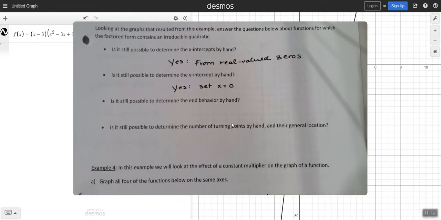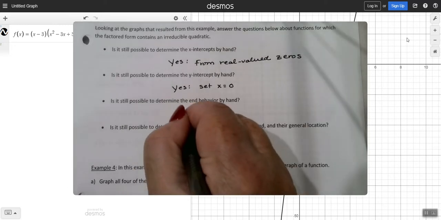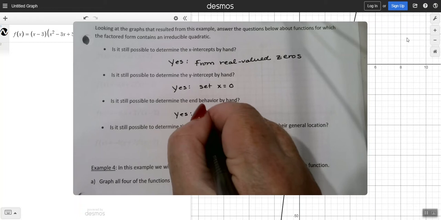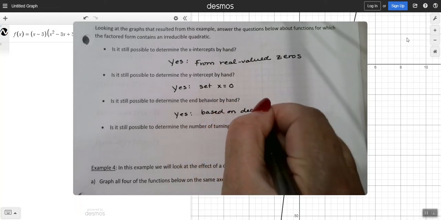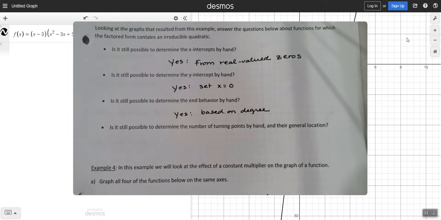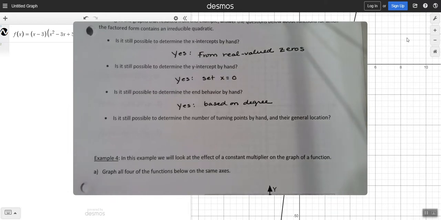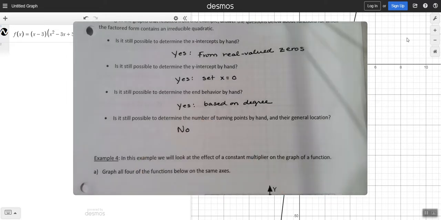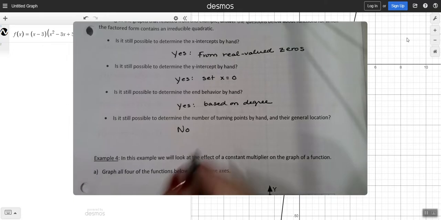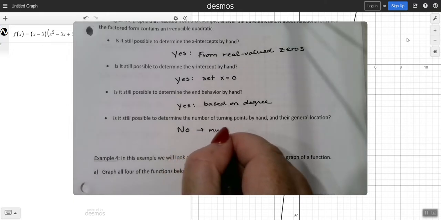Is it still possible to determine end behavior by hand? Yes, it's based on the degree, right? Is it still possible to determine the turning points by hand and their general location? Finally, we have to say no. We must use technology.